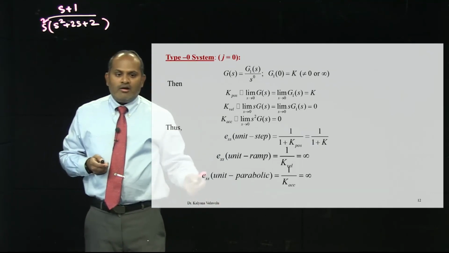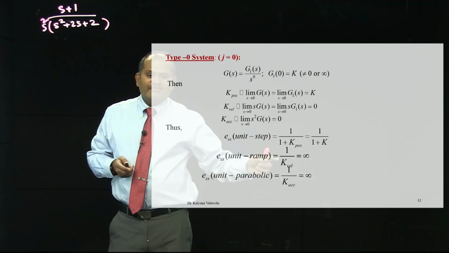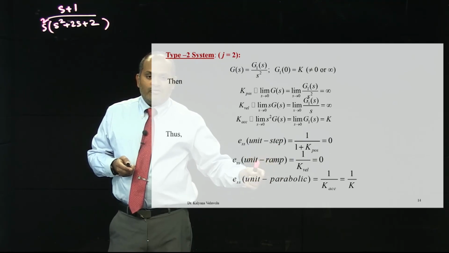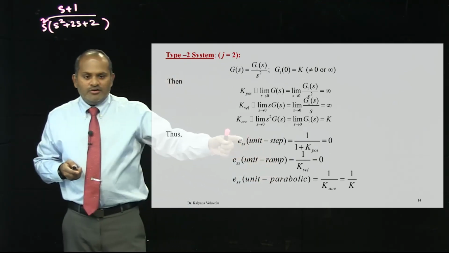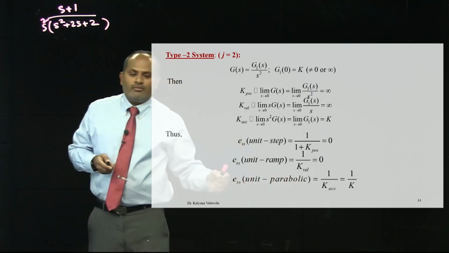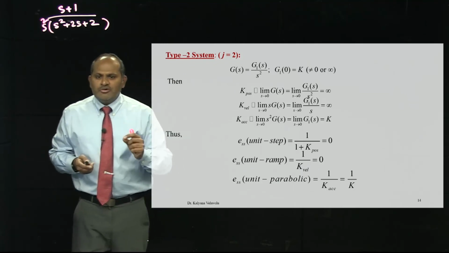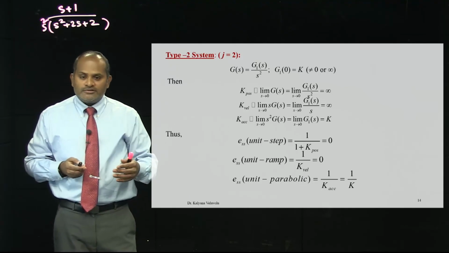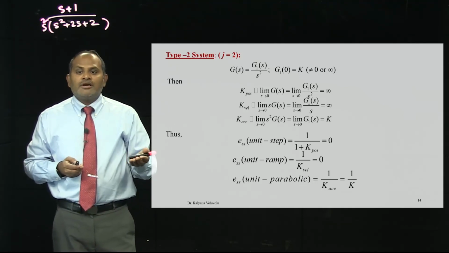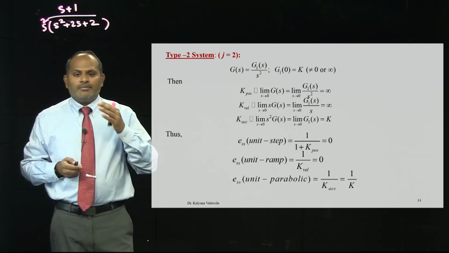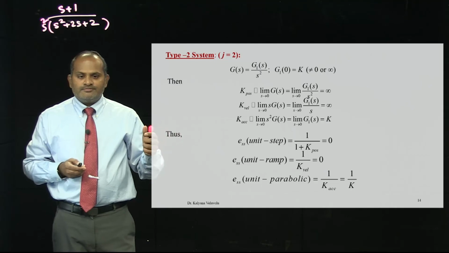If you compare all three, type 0 is giving infinity error for ramp and parabolic, type 1 is giving infinity error for parabolic, but if you go to type 2, you get 0, 0 errors, very good performance, and a constant error for parabolic. So, adding a pole at the origin is improving the steady state error performance. Type 2 system performance is better than type 1 and type 0, and type 0 has the worst performance.